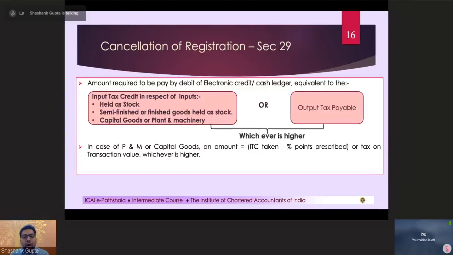Why? Because in section 16 we had read that input tax credit is available only if the goods and or services are to be used in the course or furtherance of business.